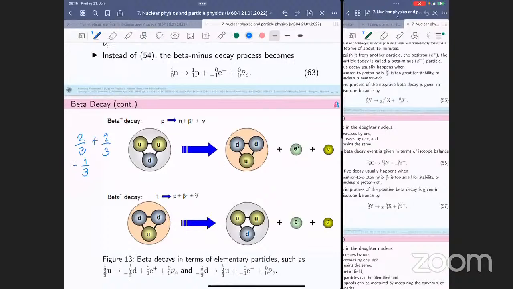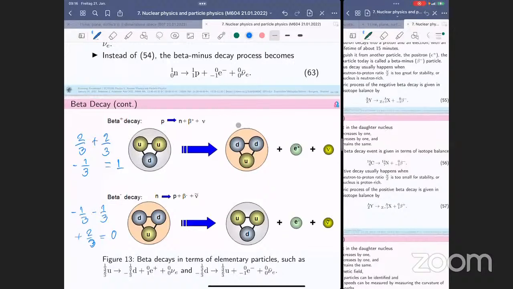So if you combine these three, it's going to be equal to 1, right? And for the neutron, you have minus 1 by 3, minus 1 by 3, and plus 2 by 3, so you get 0. So the neutron has no charge in this setup, and the proton has 1 charge from the calculation of each quark component.